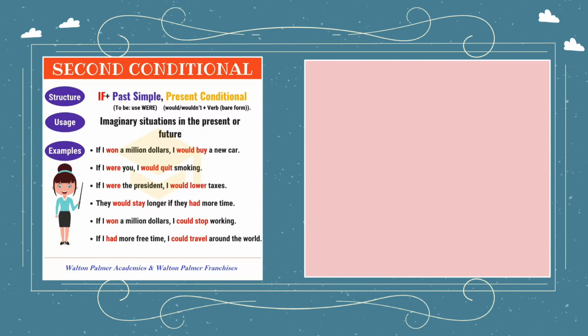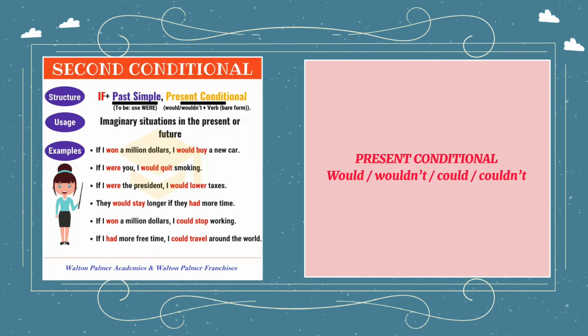The structure for the second conditional uses the past simple after the word if, and then the present conditional words being used are would, wouldn't, could, and couldn't.